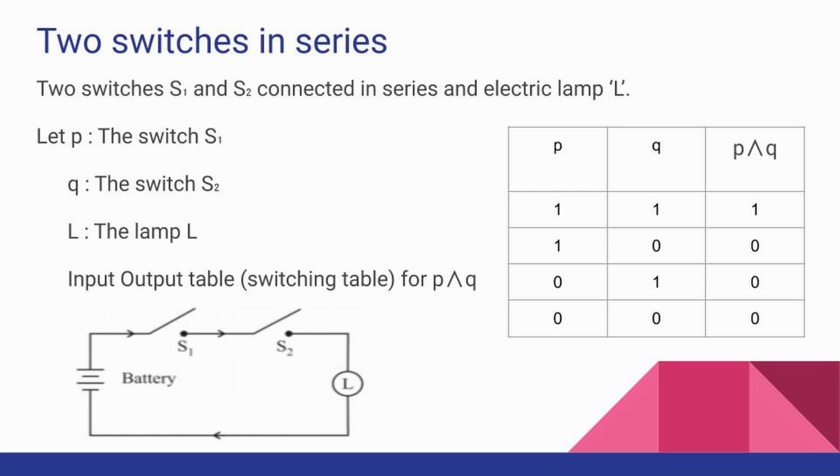So for P and Q, 1 and 1 is 1 and all other values are 0. It is similar to the conjunction truth table. In the conjunction truth table we write true true, true false, false true, false false, and the answer is true false false false. Similarly here, whenever P and Q both are 1, we have P and Q as 1.